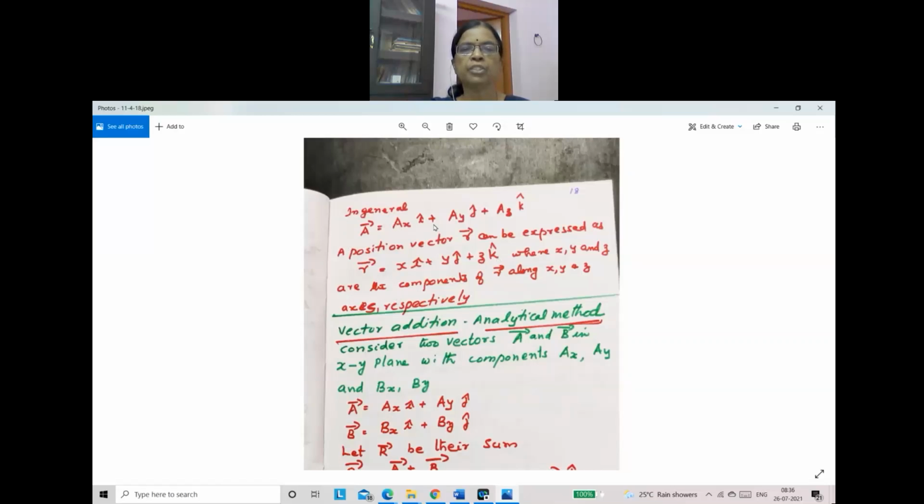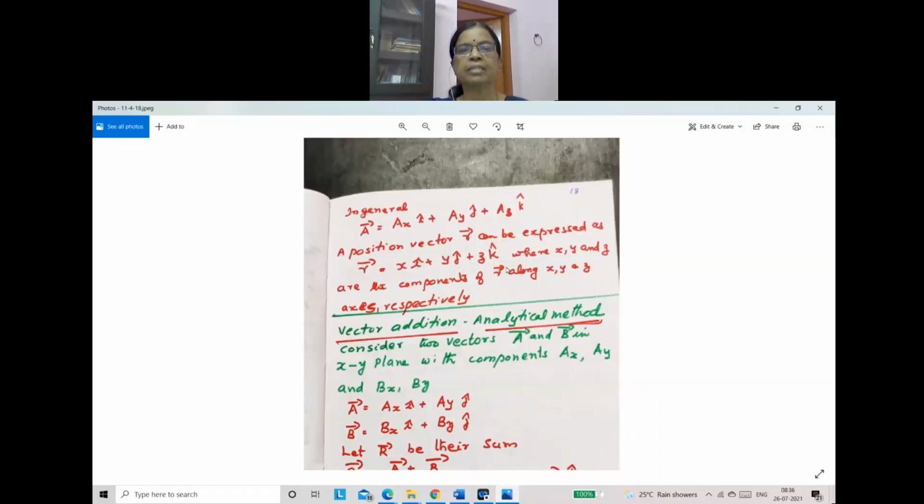For example, velocity vector is Vx i cap plus Vy j cap plus Vz k cap. Acceleration vector is Ax i cap plus Ay j cap plus Az k cap. But only for the position vector, it is represented like this: x i cap plus y j cap plus z k cap, where x, y, z are components of vector R along the x, y and z axes respectively.